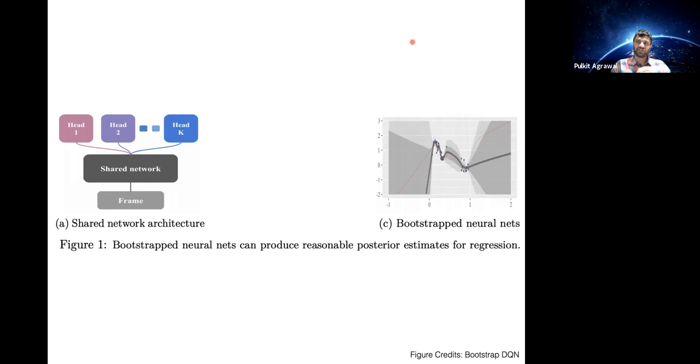But if your data set is very large, you probably don't want to sample once and have K different sampled data sets and then use them. So practically, you just have the entire data set. At every step you sample K batches, pass them into K heads, update, and repeat.